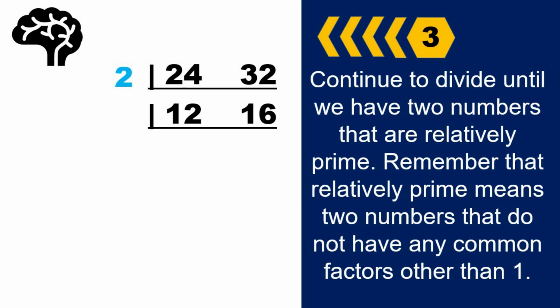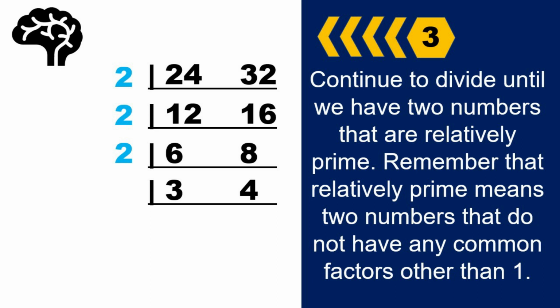So let's continue to divide the numbers. 12 and 16 can also be divided by 2, which is a prime number. 12 divided by 2 is 6, and 16 divided by 2 is 8. 6 and 8 have a common factor of 2, so we can divide 6 and 8 by 2. 6 divided by 2 is equal to 3, and 8 divided by 2 is equal to 4. 3 and 4 don't have any common factors other than 1. Therefore, we stop dividing the numbers.